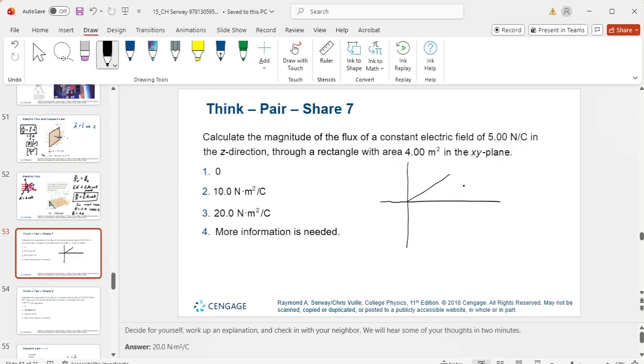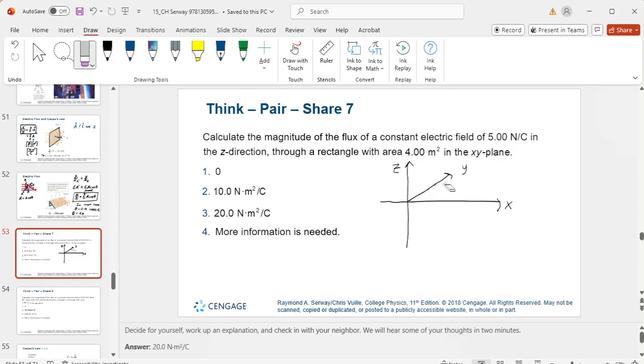Here I would have my x-axis, my y-axis here, and my z-axis here. And I can think of a flat sheet in the xy plane sitting like this.